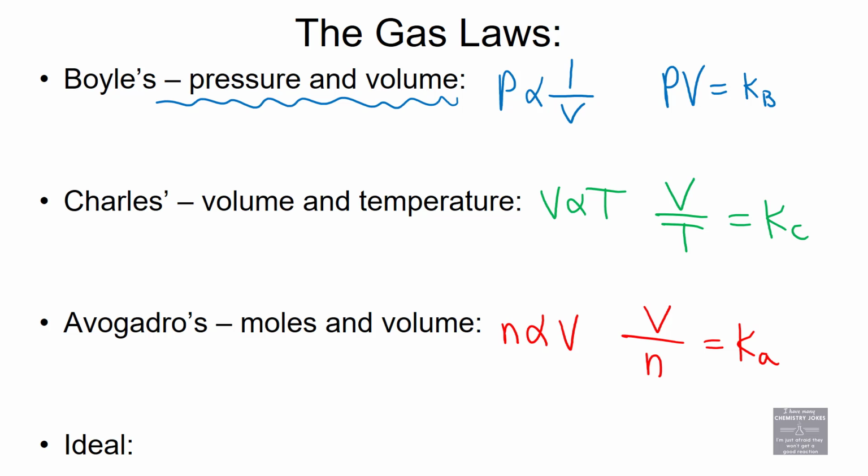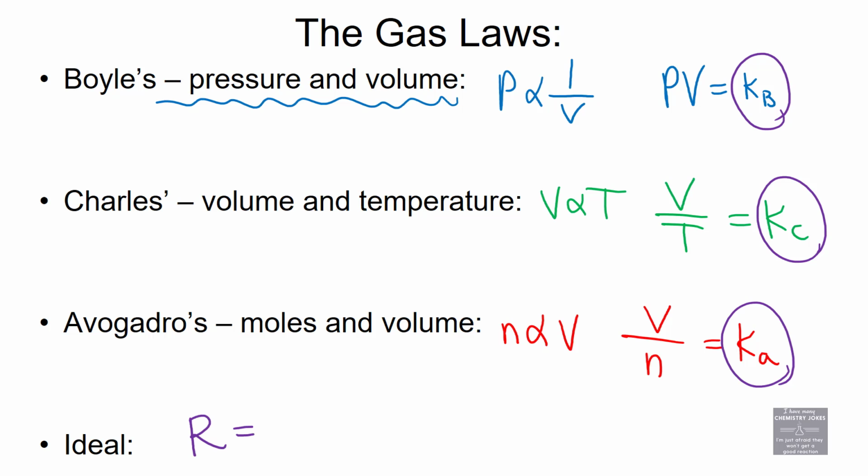And then someone came along and says, you say this is equal to some constant, and that is equal to some constant, and that is equal to some constant. What if I combined all these constants to say some constant must be equal to pressure times volume divided by moles times temperature?